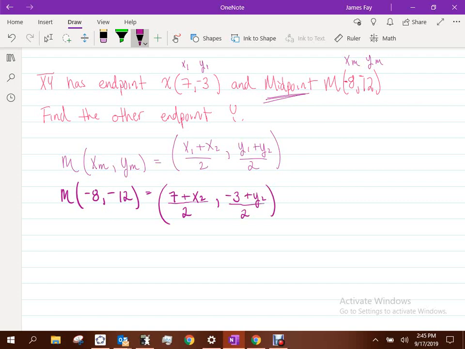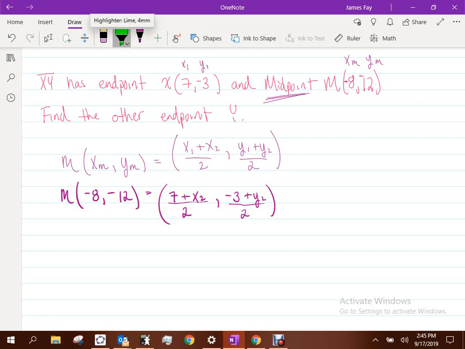If I look at those numerators, guys, 7 plus x sub 2, I could have flip-flopped that and it would have been x sub 2 plus 7, right? Same thing in the other one. It could have been y sub 2 minus 3, or x sub 1 plus 7 and y sub 1 minus 3. Okay, this commutative property exists here, so we've got a little bit of freedom there.